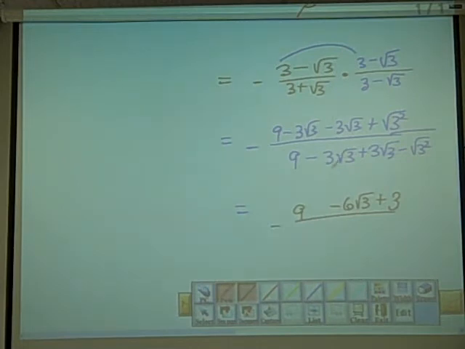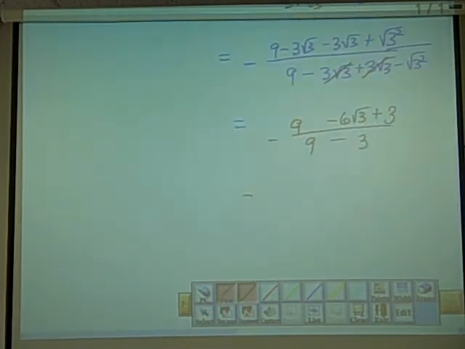And now in the denominators, we have 9, and these 3 square root 3's are going to cancel. And then this minus square root of 3 squared, that'll just be minus 3. So we've got a negative, and now 9 and 3 is going to be 12 minus 6 square root 3, and then here 9 minus 3, that's going to be a 6.